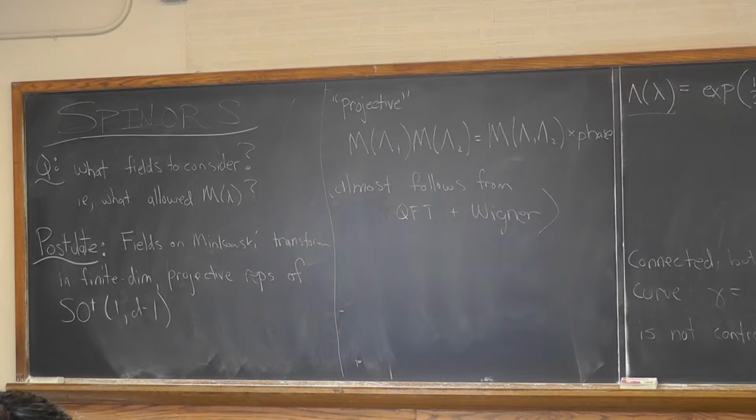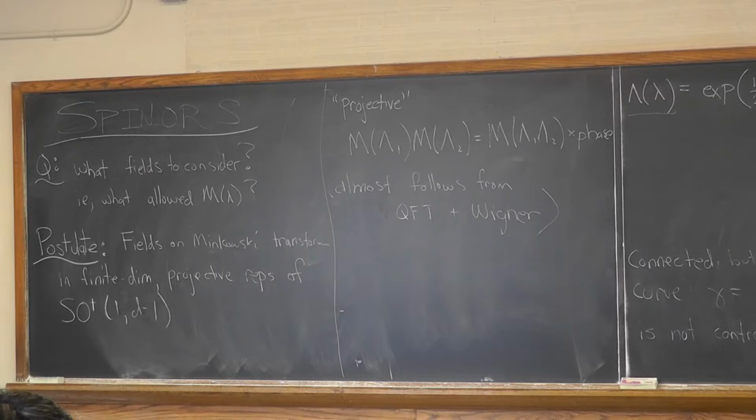Sorry, the states have to transform. So symmetries are realized as unitary or anti-unitary operators, and states transform into projective reps of those symmetries. The reason it's projective reps is because when you calculate observables in quantum mechanics, it doesn't care about the phase of the wave function. You take the mod of something, and that gives you the observable. So quantum states transform in projective reps.